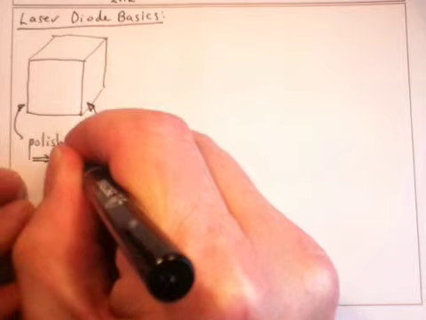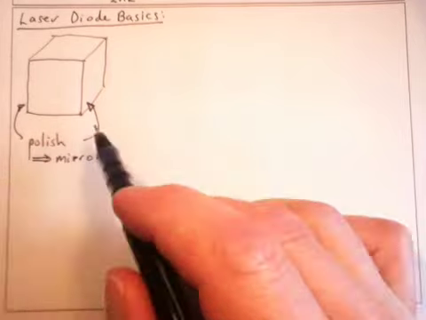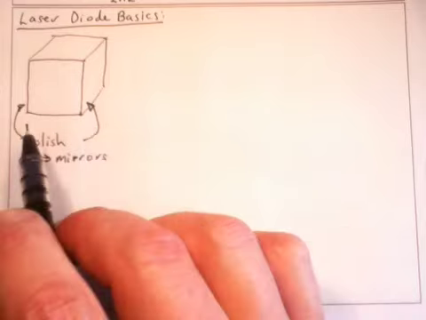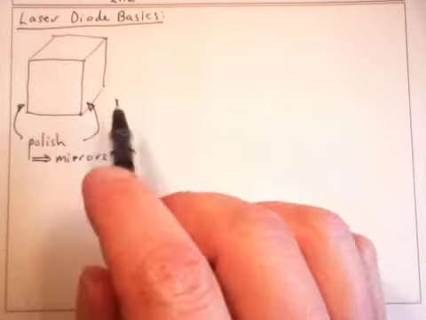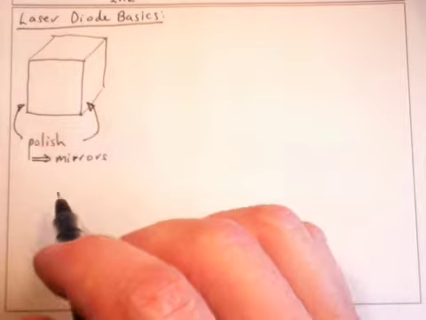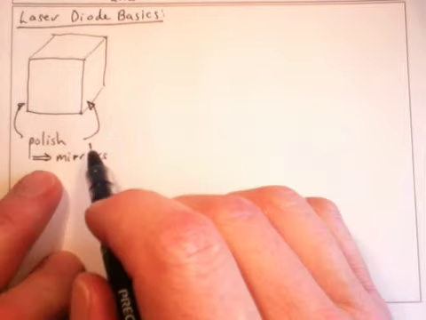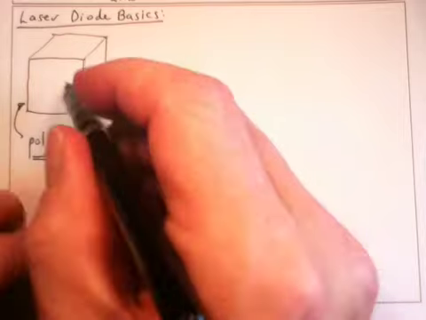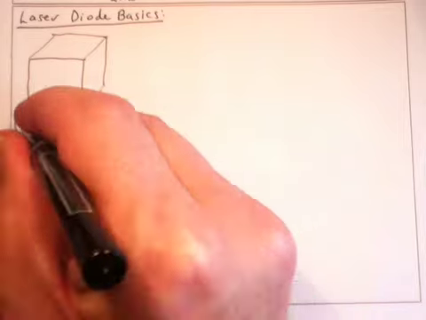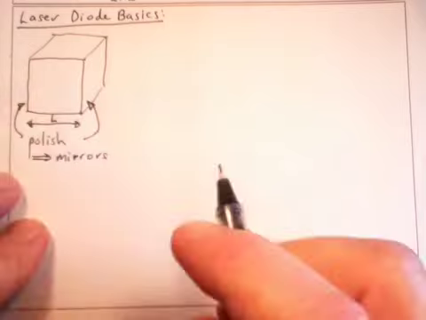We may make them with multiple thin film layers to make very high quality mirrors that work at a certain wavelength, but let's just take that they're polished. And so our resonant cavity is going to be in this direction, L.